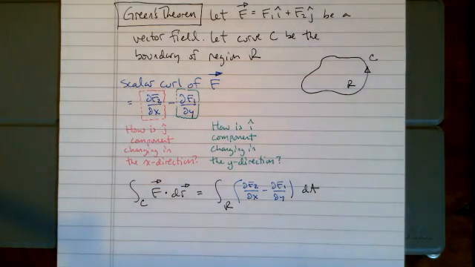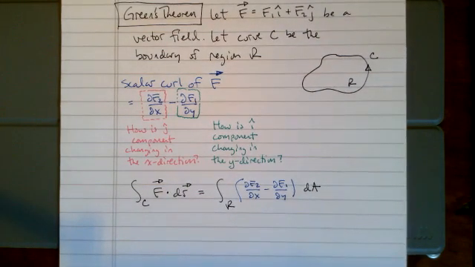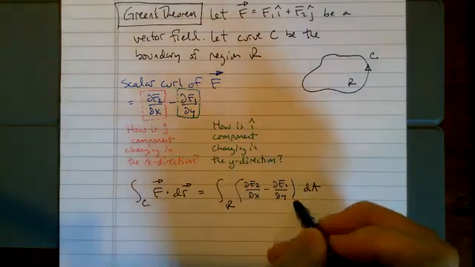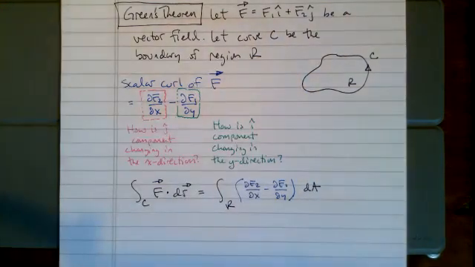So we have a line integral of the vector field along the curve is equal to the double integral of the scalar curl over the region.